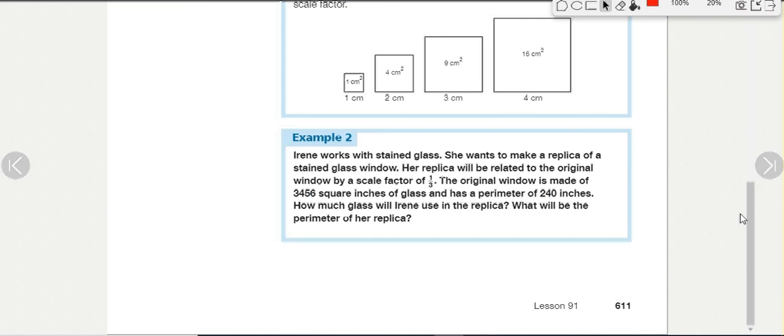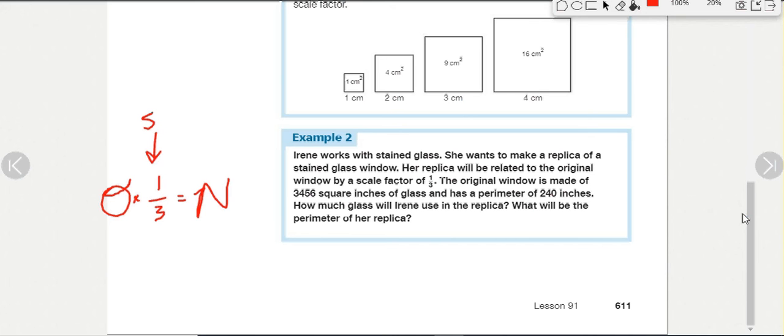Irene's working with stained glass. Once again, it's in two dimensions because she's going from a bigger to a smaller, which means it's a reduction. Scale factor of 1/3 makes it smaller, right? So you go from the original, I'll make this obviously an O, original times 1/3 gives you new, because this is the scale factor.